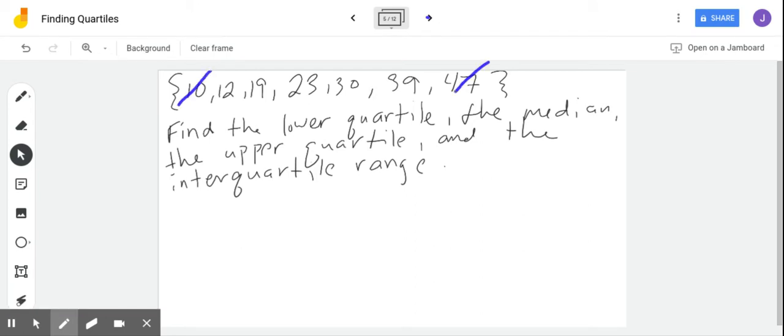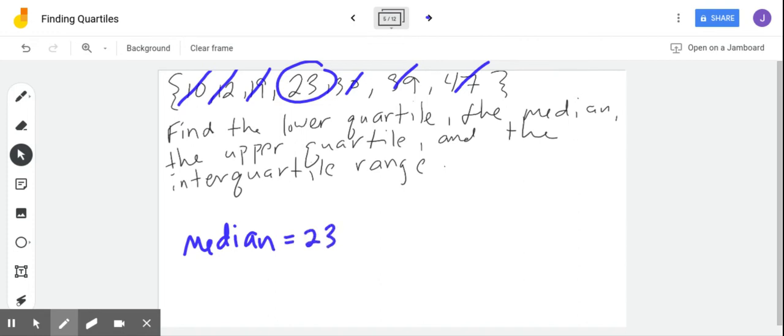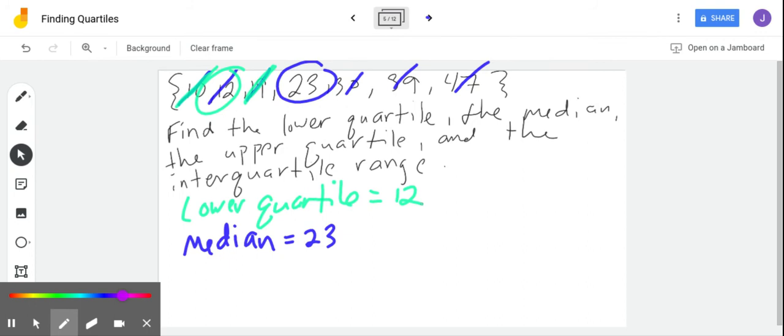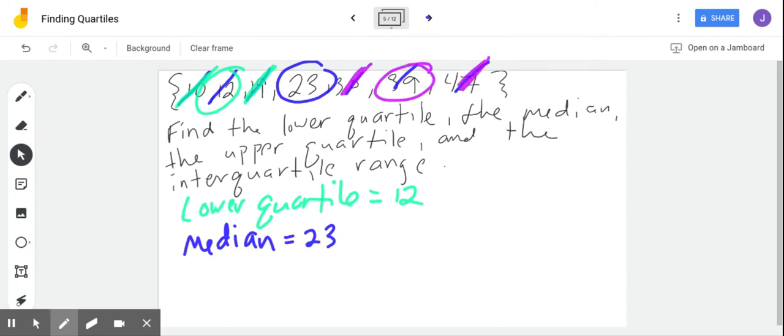These are already in order from least to greatest again. So we find the median. The median is 23. Let's find the lower quartile. These over here, this is my lower half. So the lower quartile is 12. And then we find the upper quartile by taking the median of the upper half. So the upper quartile is 39.